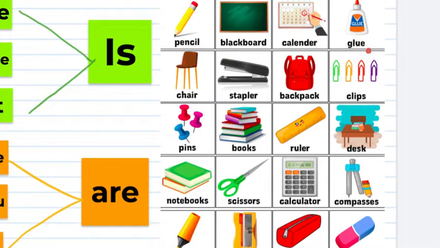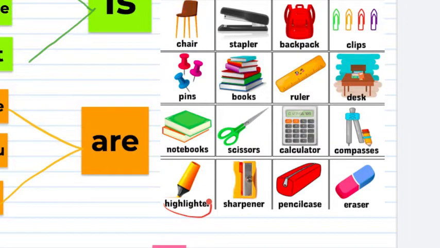Both of them are okay. So then we have a chair, then we have a backpack, and then a desk, a ruler, scissors, a highlighter, a pencil case.